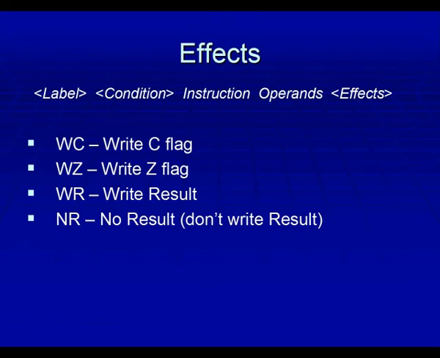So if you did a mathematical operation that overflowed your register space, the C flag would get set. In other words, you've calculated a number that's bigger than what you can store in memory. And so it's important to know if the C flag was set. And the Z flag is for 0. If the result of the last operation was 0, the Z flag is set.